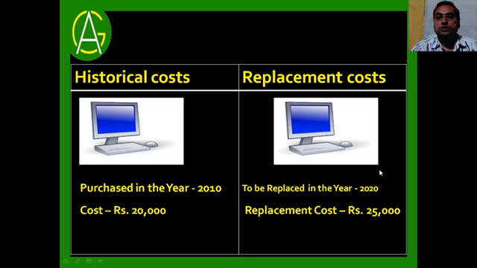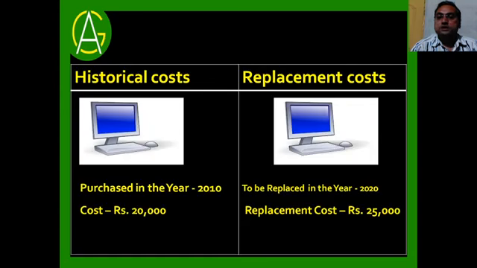Now this computer is available at 25,000. So 25,000 will be considered as a replacement cost for this particular computer. So the cost that was incurred in the year 2010 is historical cost now, but in order to replace this computer, whatever cost is to be incurred is considered as a replacement cost.